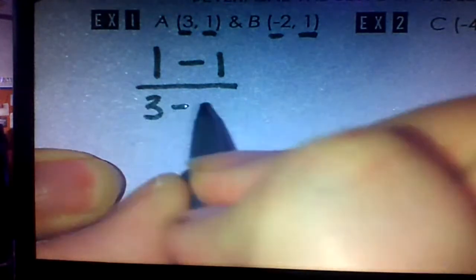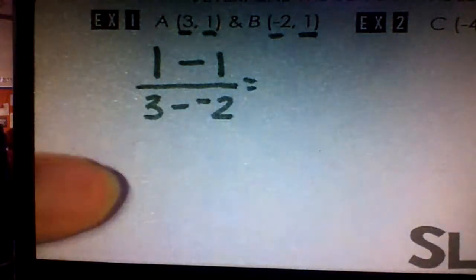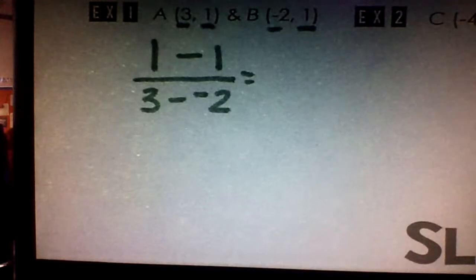So 3 minus a negative 2. It doesn't matter. As long as if I use the y from the first one and then the y from the second one, then I use the x from the first one and the x from the second one. Either way, it would do the same thing.